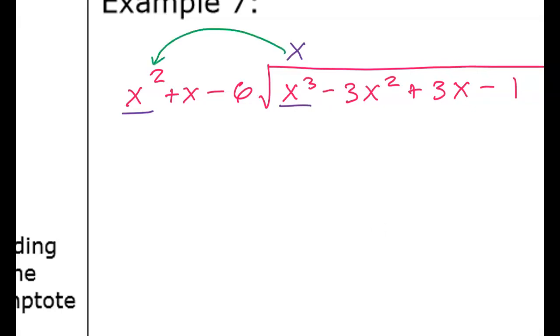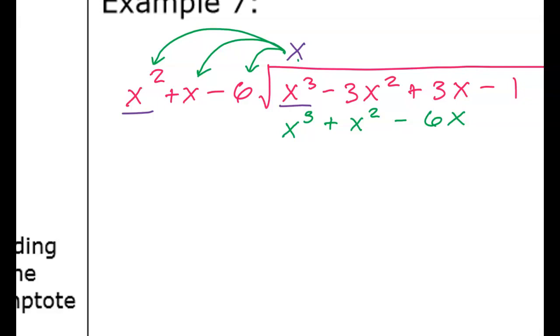So you have x times x squared, which gives you x cubed. These should match. If they do not, you're doing it wrong. Then because we multiplied one term, we have to keep multiplying. X times x gives us x squared. And x times negative 6 is negative 6x.